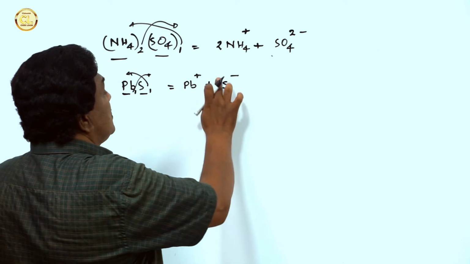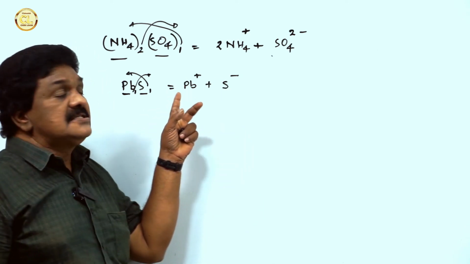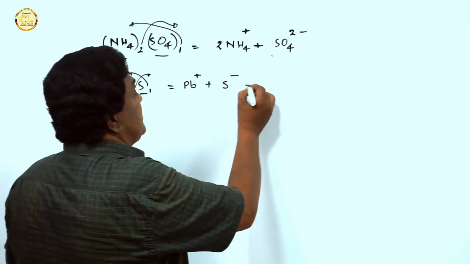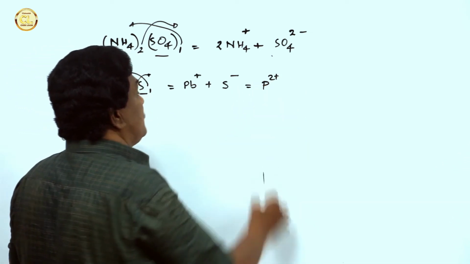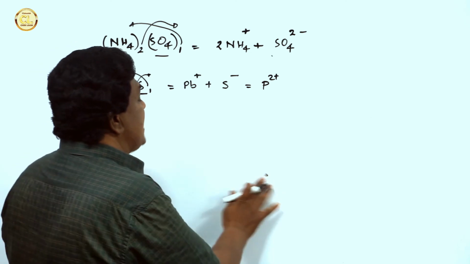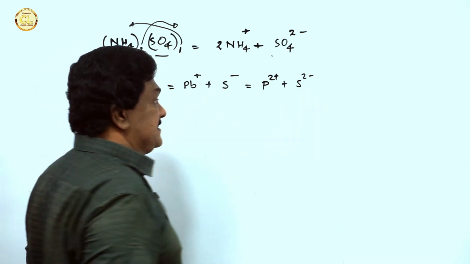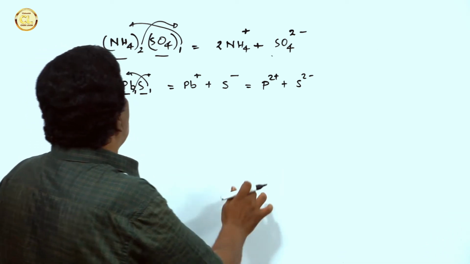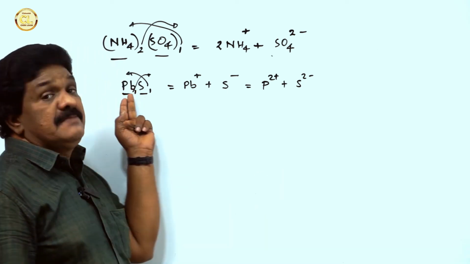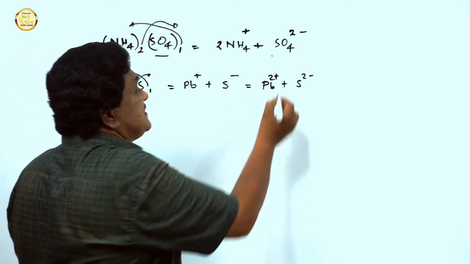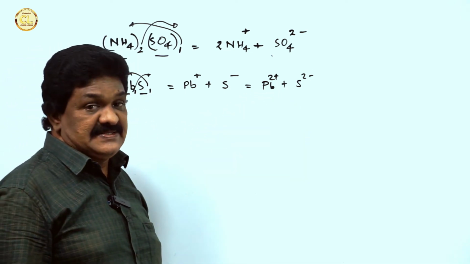But we know that the actual charge of the lead ion is Pb2 plus, and the actual charge of sulfur is S2 minus. So, when we split PbS, the constituent ions are Pb2 plus and S2 minus.